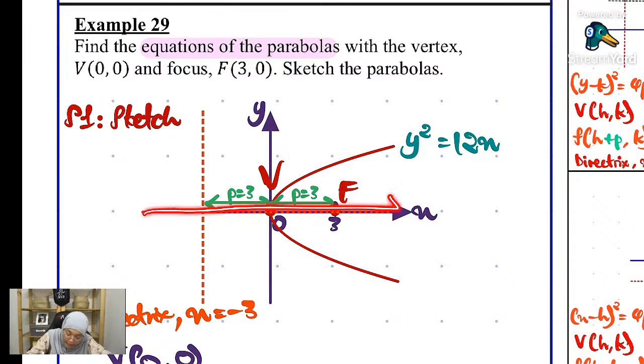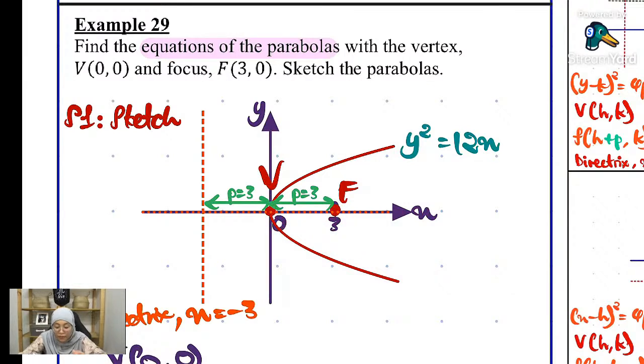you draw x-axis dulu, you draw y-axis dulu. After that, you label your V because the V is given to us (0,0). Okay, so (0,0) is over there. It's at the origin. So please label what is given to you dahulu. So what's given to me is the origin, and then the focus, which is (3,0).